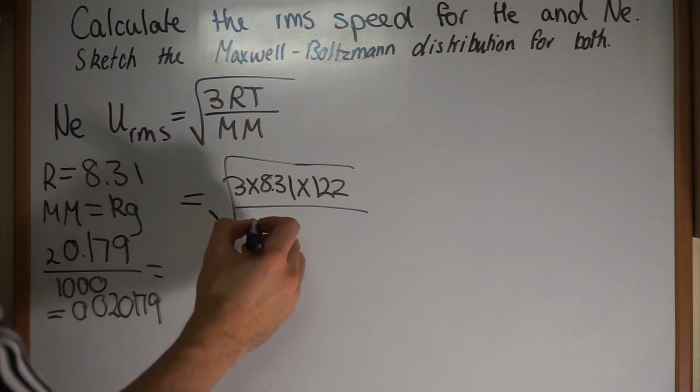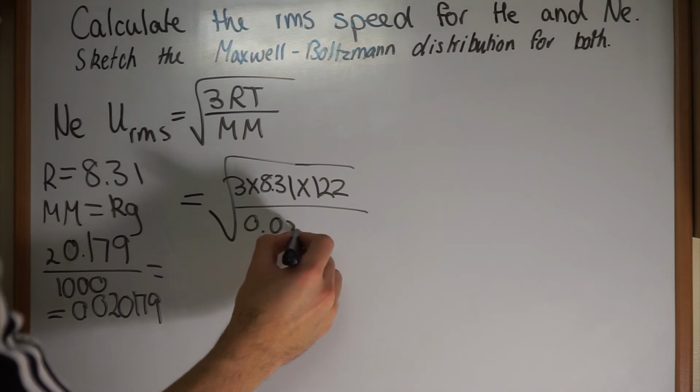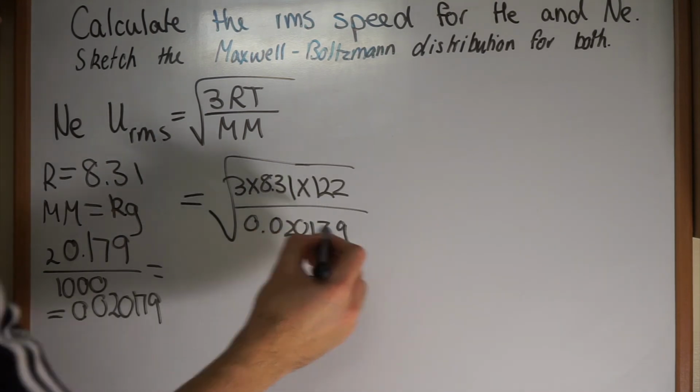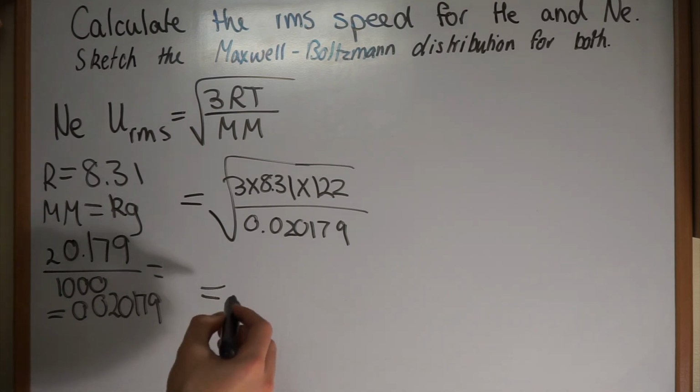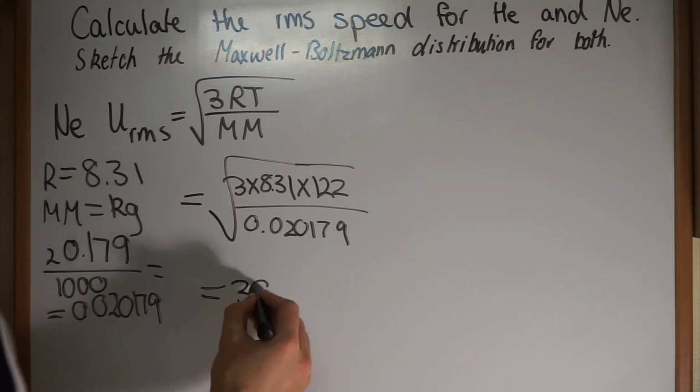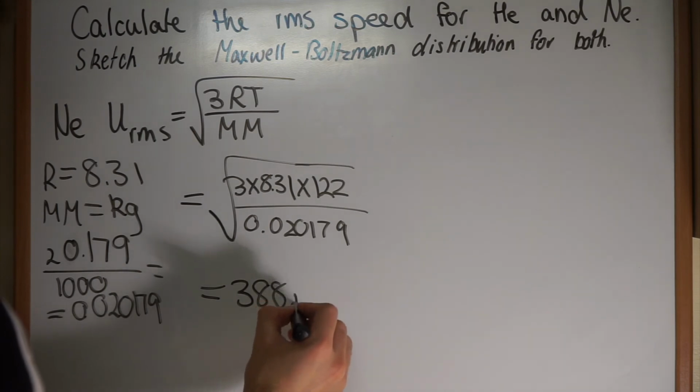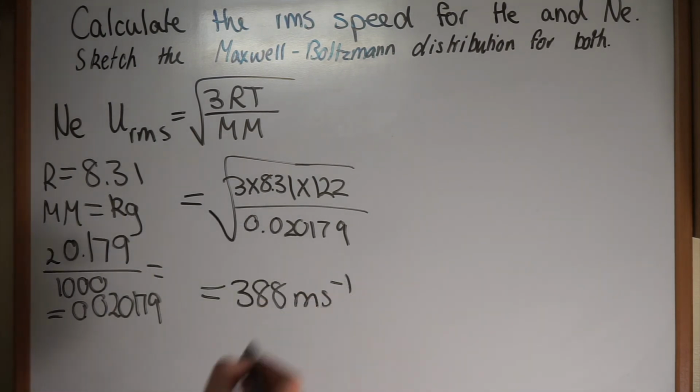Put that into your formula and it should look like this. Put it into a calculator and the value you should get out the other end should be 388 meters per second. That is the root mean square speed for neon.